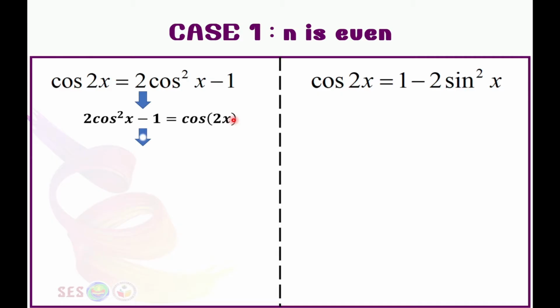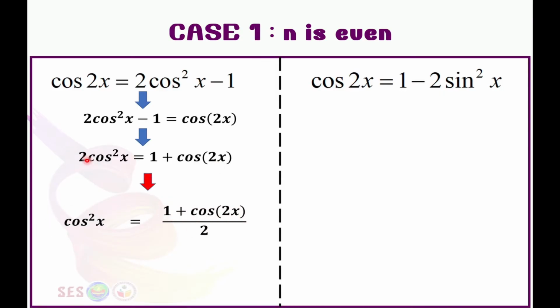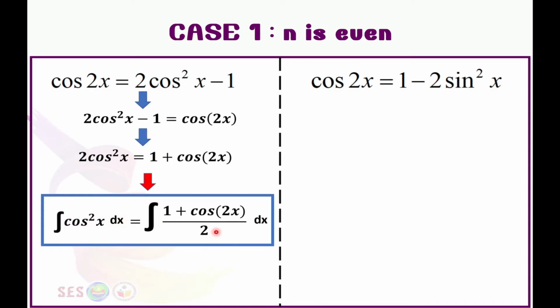I transfer minus 1 to the other side, so I will get 1 plus cos 2x. Transfer 2 to the other side, so that I will be left with cos squared x equals 1 plus cos 2x divided by 2. So by definition, integrating cos squared x dx is the same as integrating 1 plus cos 2x over 2 dx. Just remember this formula if you are about to integrate cos squared.